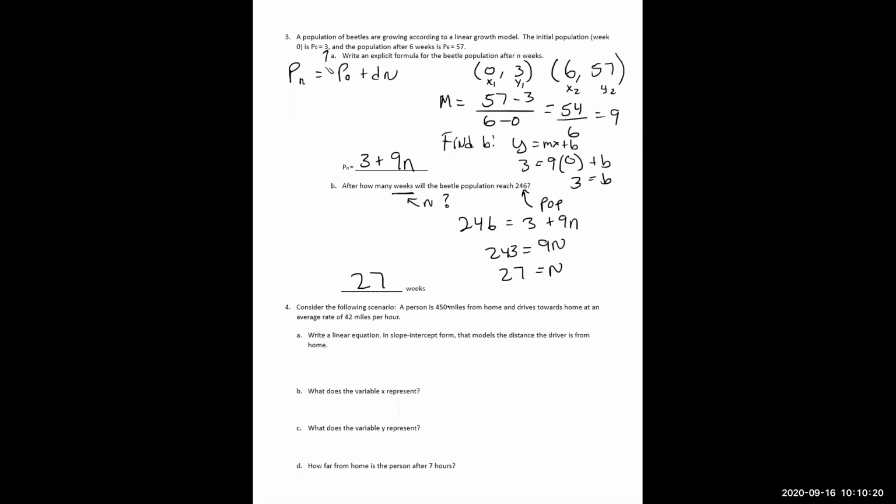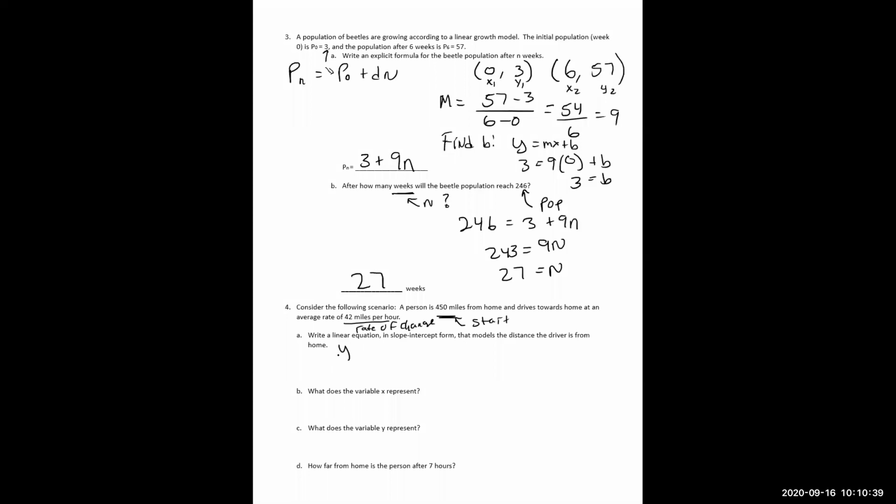In terms of our initial starting point, this is my starting value, 450. In terms of my rate of change, this is my rate of change right here. So I want to write a model for this situation.